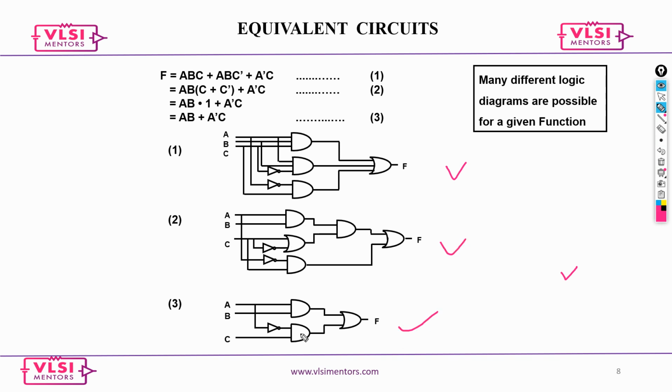Reducing the number of gates, the number of nets, and the size of these gates. Here you have this three input NAND, but here there is no three input NAND. So we are optimizing our logic, targeting your PPA. That's the basic thing.